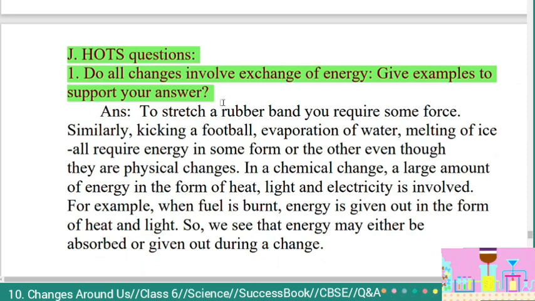Similarly, kicking a football, evaporation of water, melting of ice all require energy in some form or the other, even though they are physical changes. In a chemical change, a large amount of energy in the form of heat, light and electricity is involved. For example, when fuel is burnt, energy is given out in the form of heat and light.